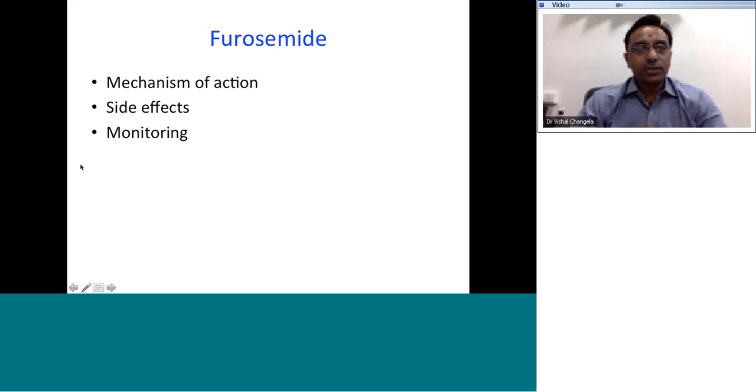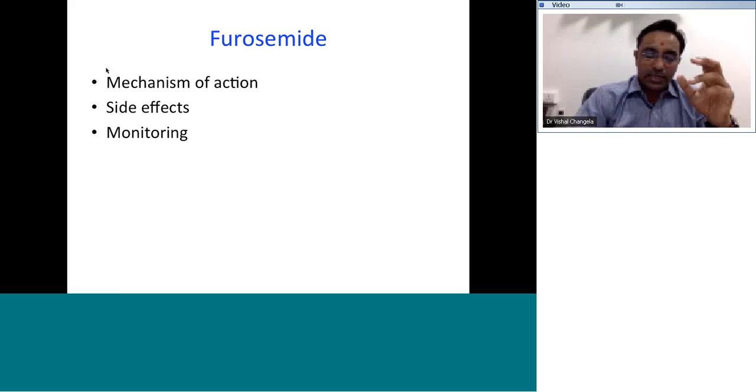Can you tell me what is the mechanism of action of furosemide? The loop diuretic. What does it do? What is the exact channel on which it works?